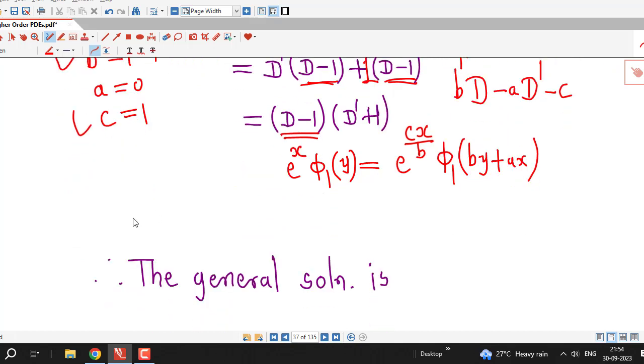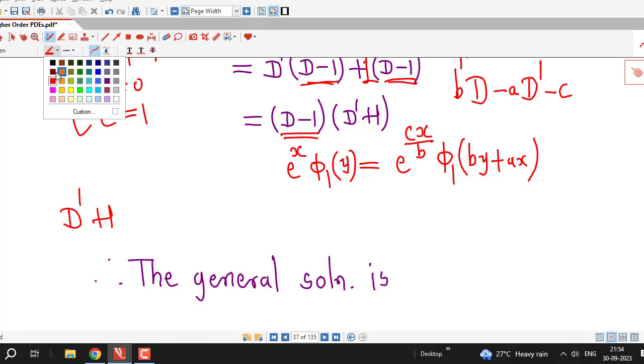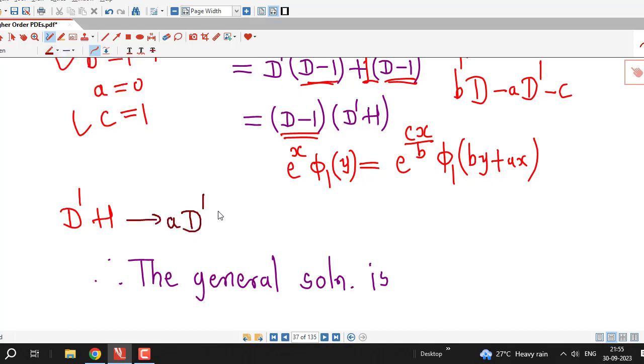Now for D' plus 1, we have seen in the previous lecture that if our linear factor is in this form, aD' plus c, then the part of general solution corresponding to this is e raised to minus cy divided by a times arbitrary function of ax.